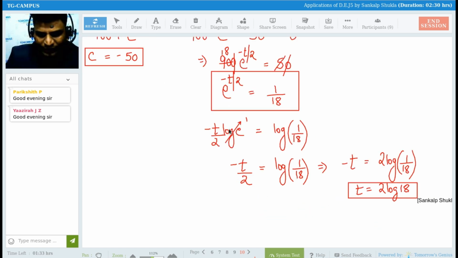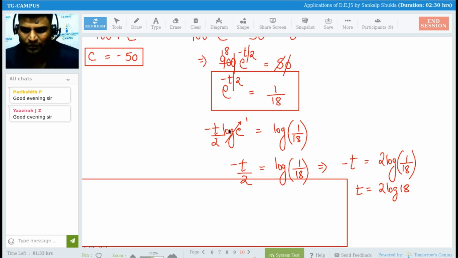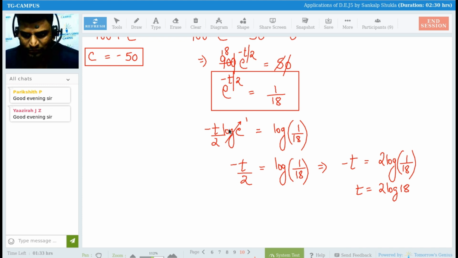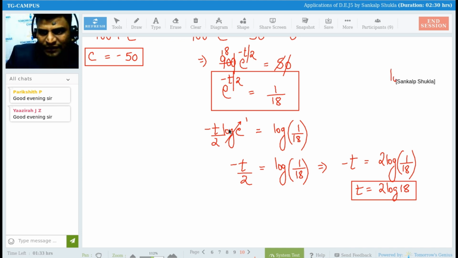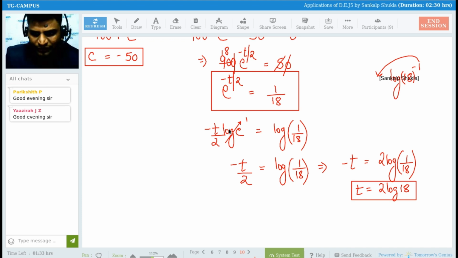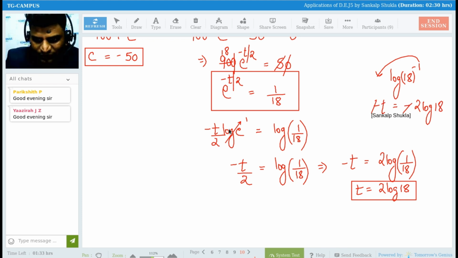Got it? t is equal to 2 log 18. Why 2 log 18? Because this can be written as log 18 raised to the power minus 1, and this minus 1 will be shifted. So this will be minus t is equal to minus 2 log 18, and this minus minus will get cancelled.